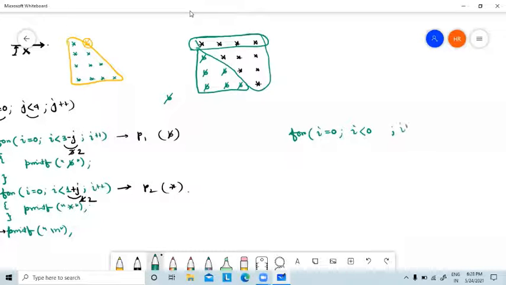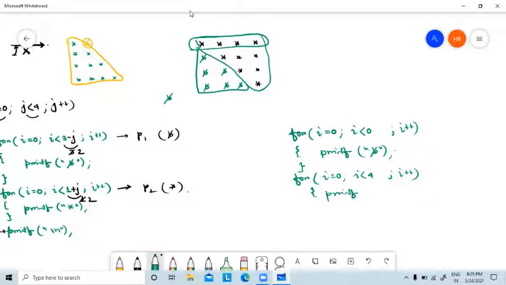Am I clear? I plus plus. Then printf blank space. Then go for the star. I equal to 0. How many stars? 4 stars. So I less than 4. I plus plus. Then printf.